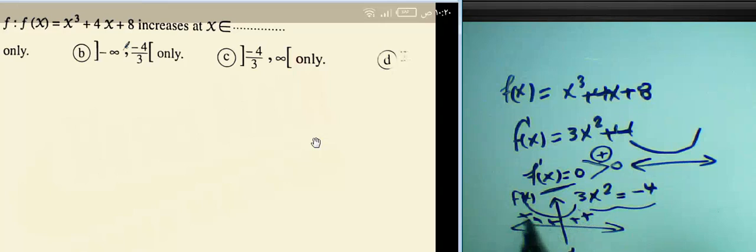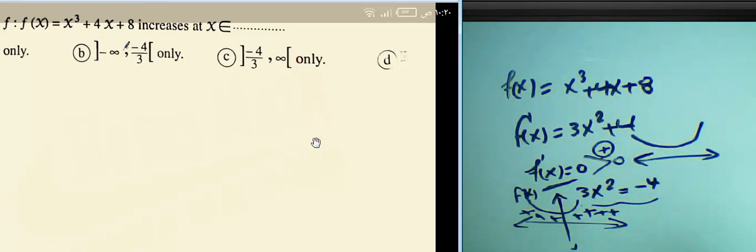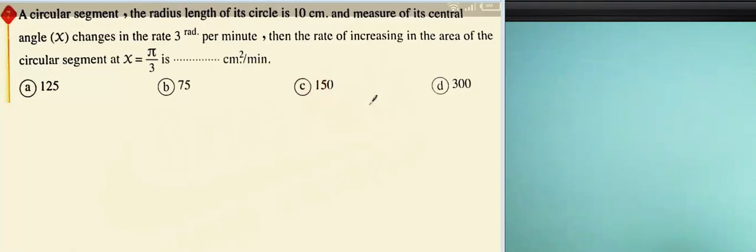It means it will be positive, increasing all the time in R. Understood? Okay, f dash drawing up means the result will be positive in R. Increases all the time.